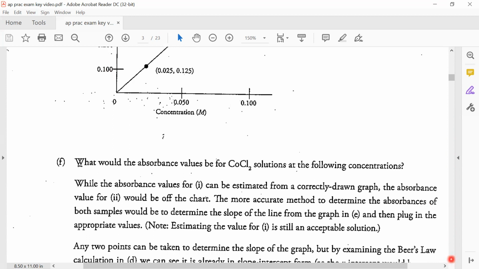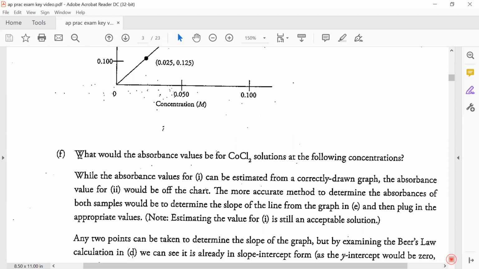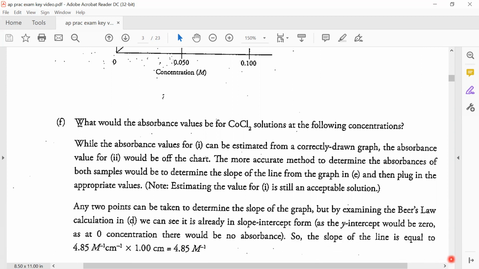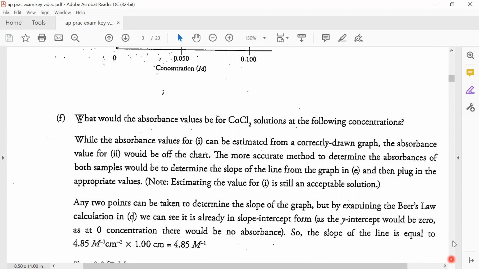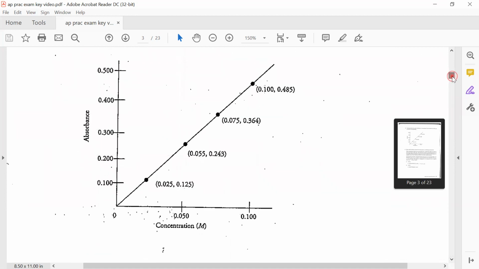And then it says, what should the absorbance value be for COCl2 at the following concentrations? So you can look at this and say y equals mx plus b, and notice there's no y-intercept. So absorbance equals the slope, which is small a, small b, the molar absorptivity constant times the path length, and then C would be your concentration.